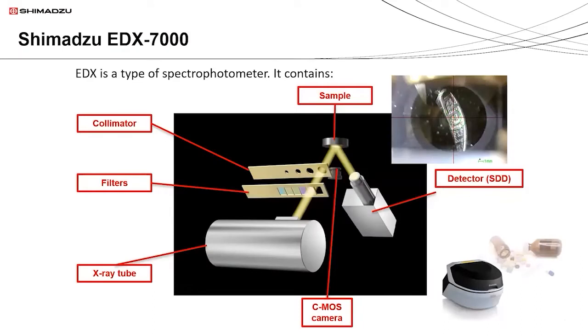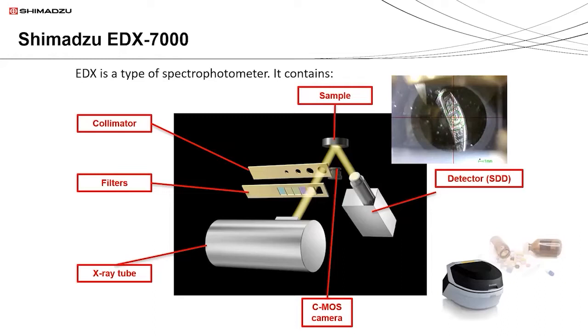This is a picture of a Shimatsu Energy-Dispersive X-Ray Fluorescence Spectrometer. It's called an EDX7000. It's composed of a 50-watt rhodium X-ray tube, followed by a set of filters, which I'll mention in a little bit, a collimator, which is used to choke down the X-ray exposure area.